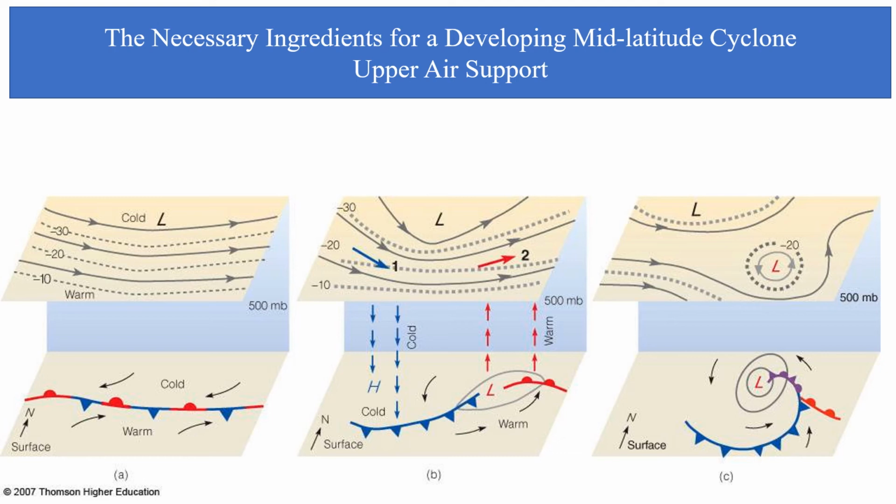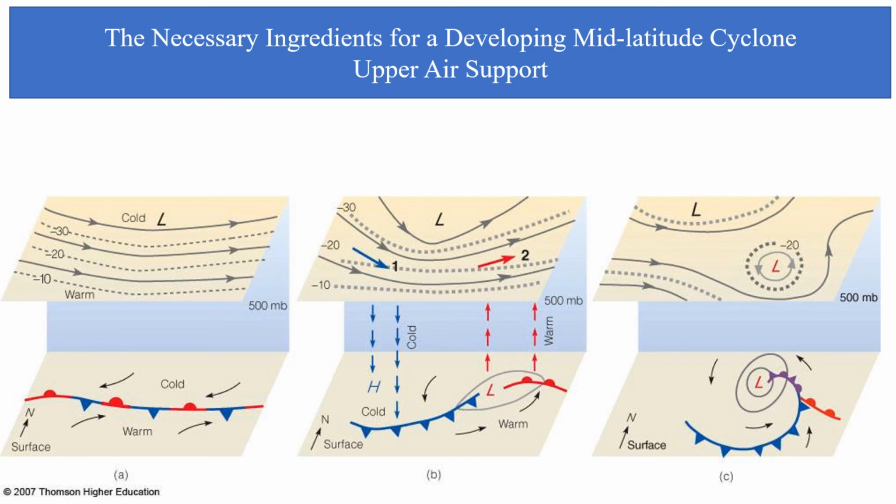Cold advection makes the air more dense and lowers the height of the air column from the surface up to 500 millibar. Consequently, the pressure in the trough is lower and the trough is deepened. The deepening of this upper trough causes the contour lines to be crowded close together, and the wind aloft increases.